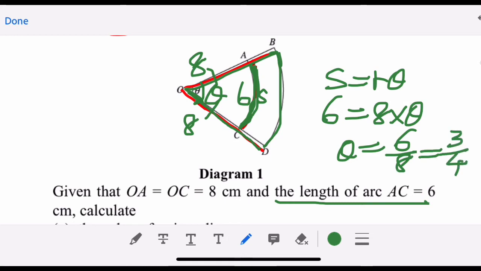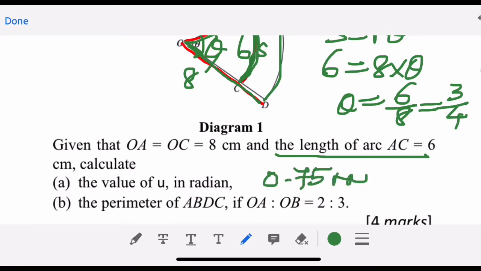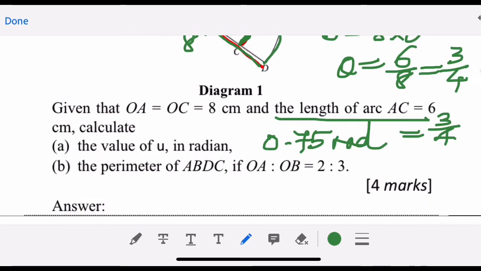So you just write 3/4 radian or 0.75 radian for the first question. You don't have to convert to degree. It's just a fraction or decimal, 3/4 rad, no degree.